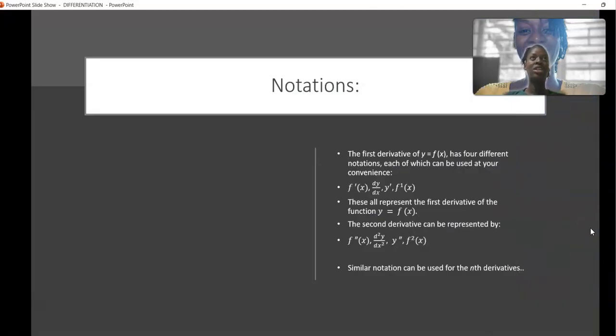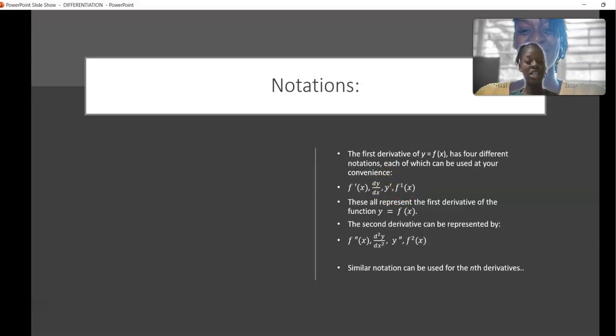Now, you can differentiate a function more than once. The first one is what we call the first derivative, and it is denoted f prime of x, dy by dx, y prime, or f superscript 1 of x, which is still f prime.